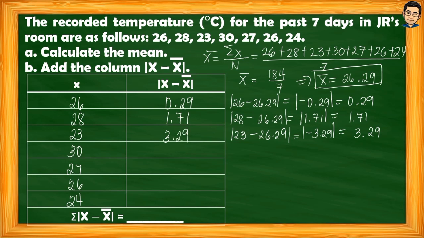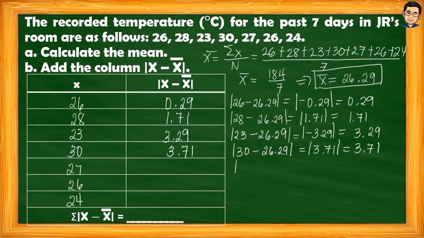Next, absolute value of 30 minus 26.29. So we'll have positive 3.71. The absolute value of it is 3.71.